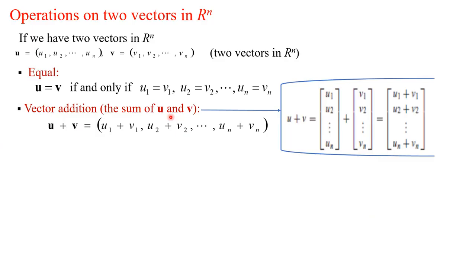This is the n-tuple representation, and these are the column vector representations. If this is my first vector with components u1, u2 till un, and this is my second vector with components v1, v2 till vn, then adding them is like adding two column vectors. Add u1 with v1, and u2 with v2, until we end with un with vn. So this is the resultant vector, u plus v.